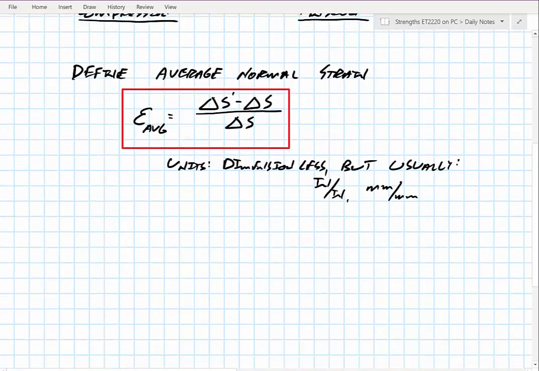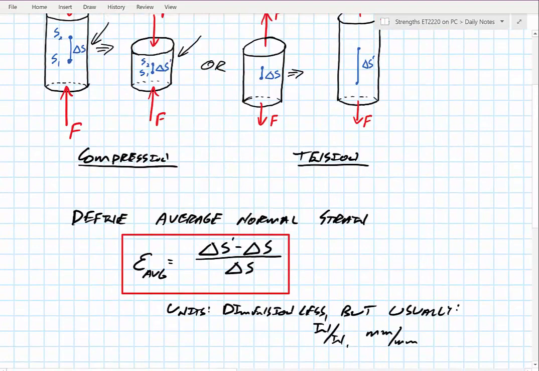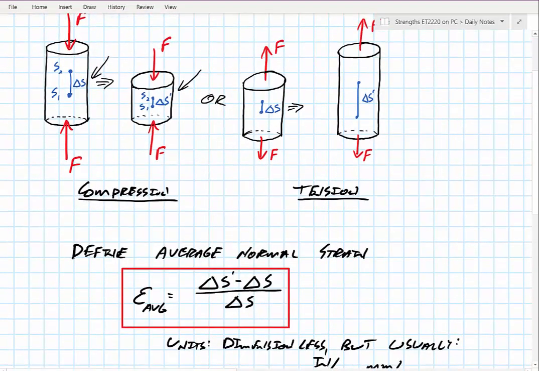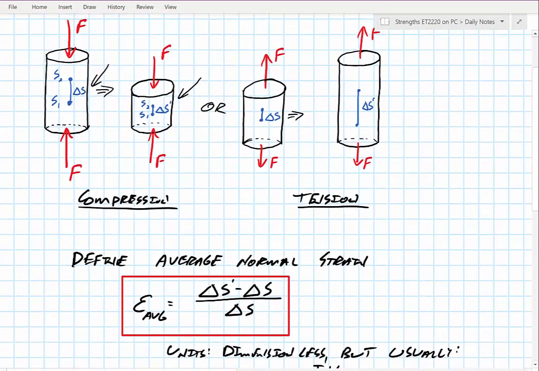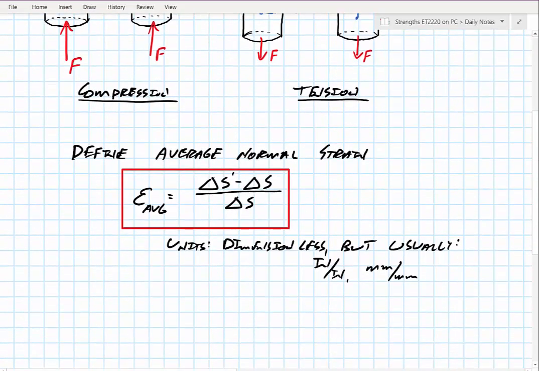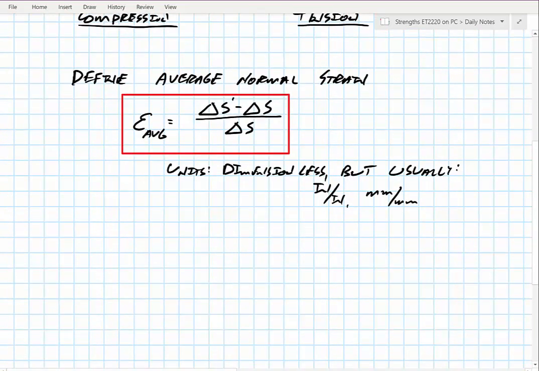So the other type, and that's all axial, and I didn't create an example for this because it's pretty easy. It's one of the easier concepts, right? It's just if something stretched 1 inch and its original length was 6 inches, it would just be 1 over 6. Not too crazy. The other type of strain that we need to talk about is shear strain.